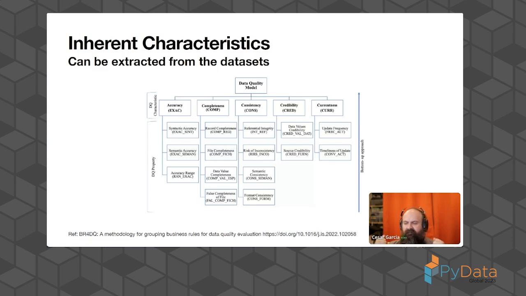Is it in Spanish regional settings or regional configuration, or does it adhere to US standards for dates? Whenever we're talking about semantic, we are talking about, does this thing look like a date? For example, if I have a column of years and inside the column of years there is a month, this is a semantic inaccuracy finding, because I'm expecting to find years and then I find something that is absolutely different from years.